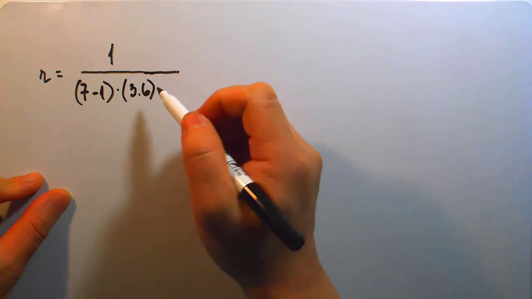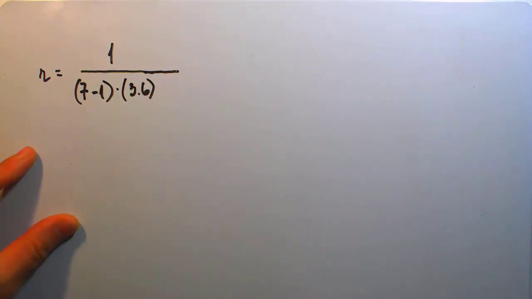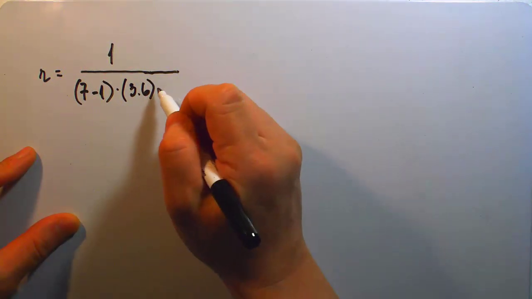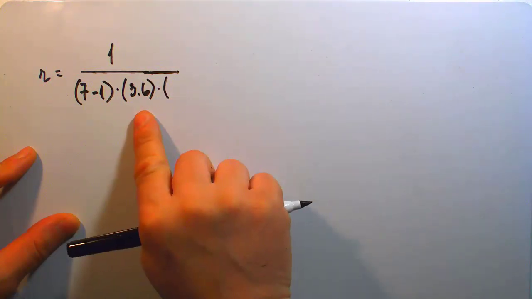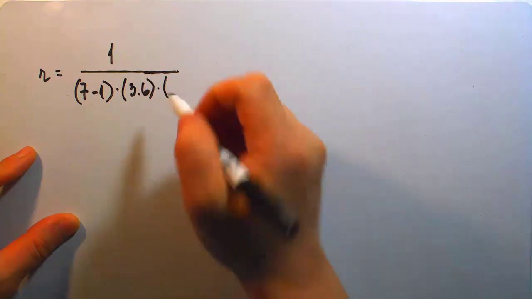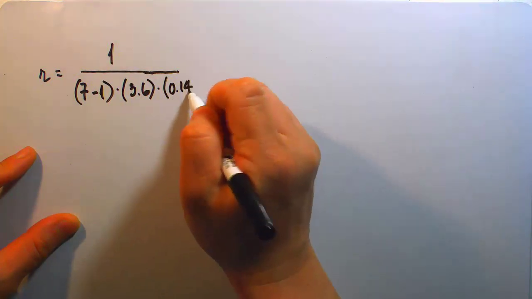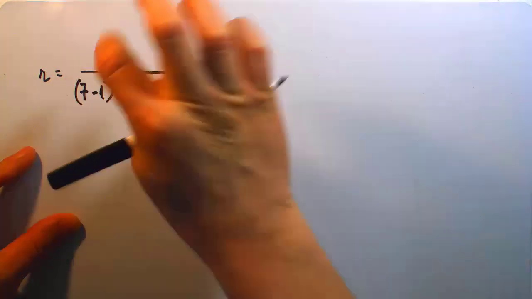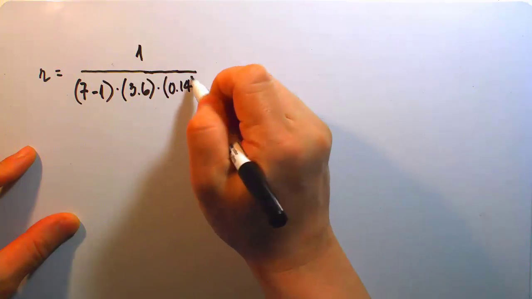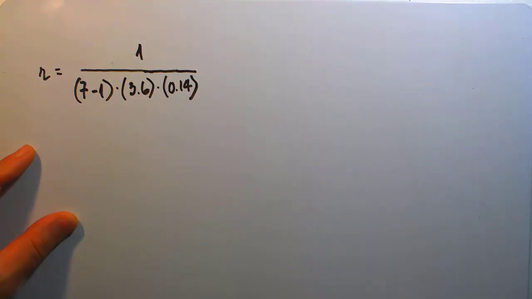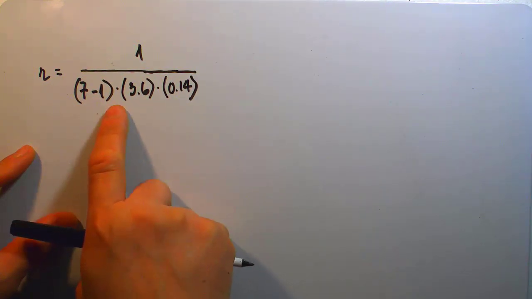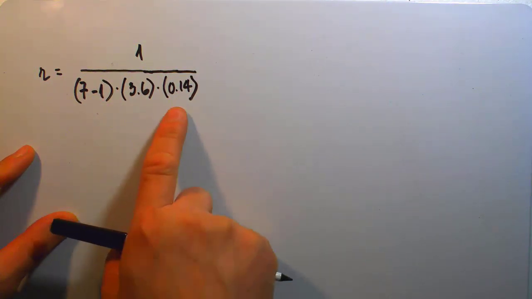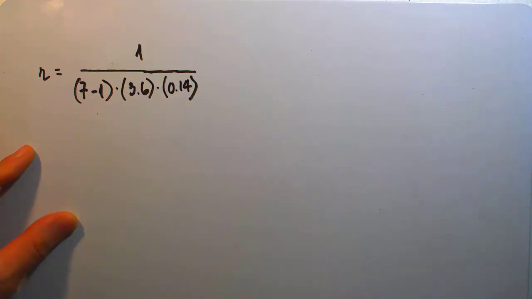We're also going to multiply in the denominator by 0.14. Then let me readjust my 1 to make the fraction look more appropriate. So 1 over the number of pairs minus 1, in product with 3.6, in product with 0.14, all of that product in the denominator.